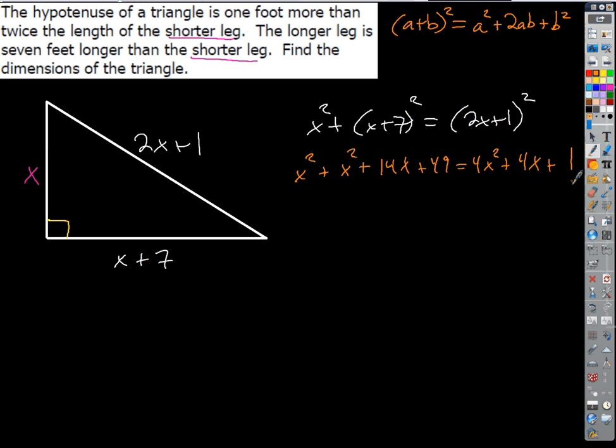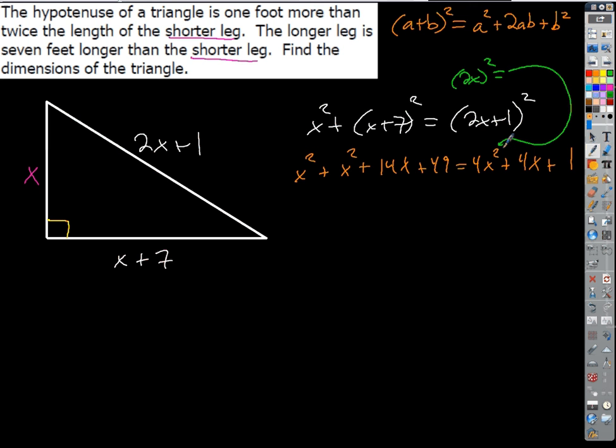So if I square out 2x squared, that's 4x squared. Where did you get the 4x? Because 2 times a times b, 2 times 2x times 1. That's fine.